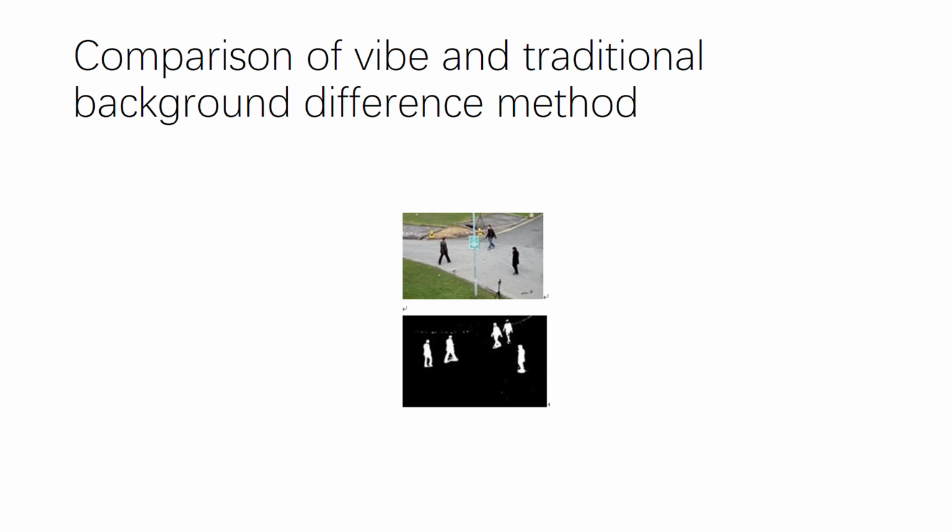Then I can compare the traditional background difference method with ViBe in the same video. You can see that there are just three people, but with the traditional background difference method, if you don't choose a better background model, it will lead to a wrong result.